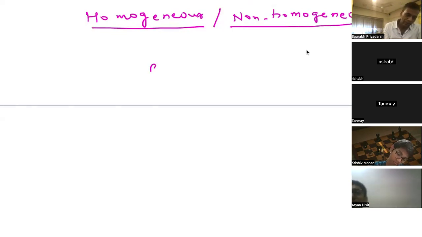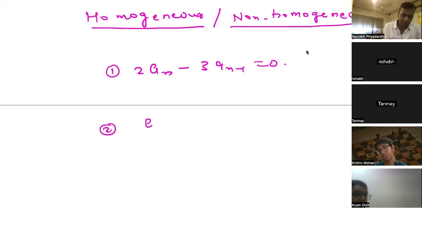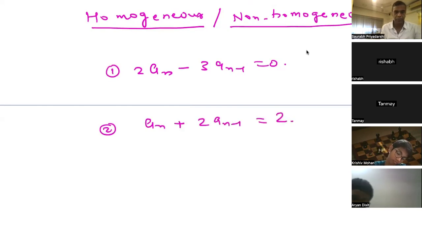Like if the first term is a_n minus 3a_{n-1} is equal to 0, right? I'm writing something like this. And the second time I'm writing a_n plus 2a_{n-1} is equal to 2. So this is homogeneous and this is non-homogeneous.